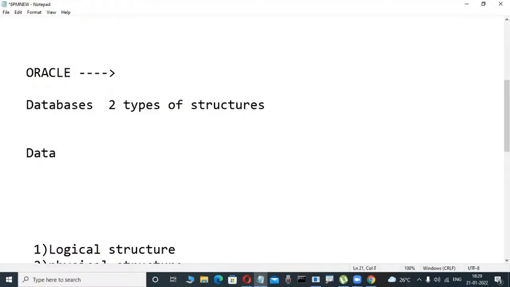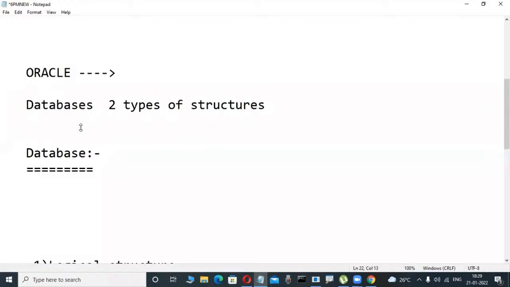It is a place where we can store, in a computer system, structured collection of data.